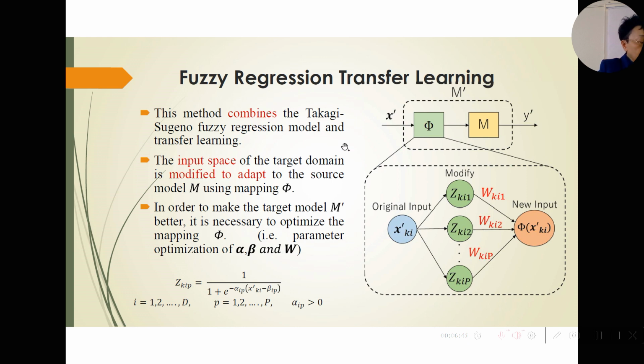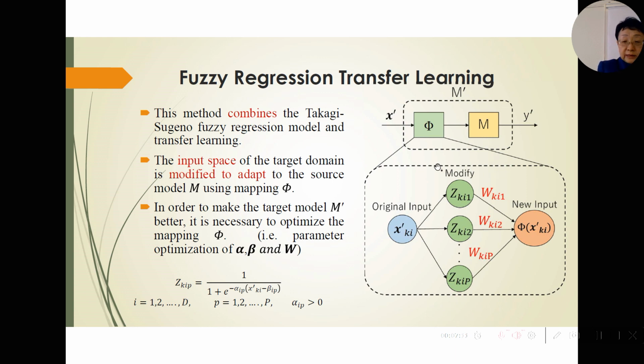Fuzzy regression transfer learning combines the Takagi-Sugeno fuzzy regression model and transfer learning. The fuzzy regression transfer learning will apply the fuzzy regression model constructed based on the Takagi-Sugeno fuzzy theory to the target domain.